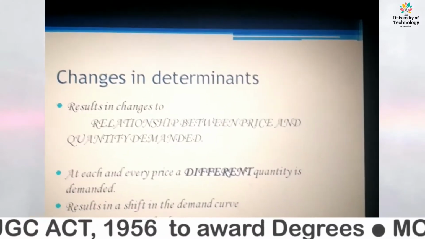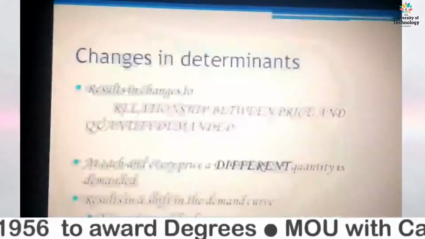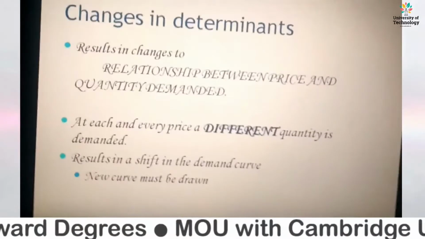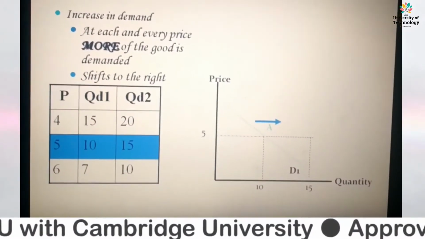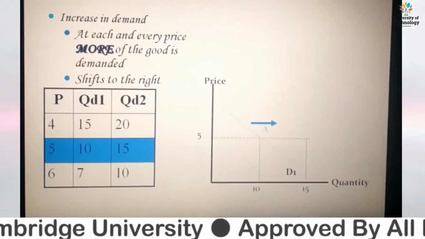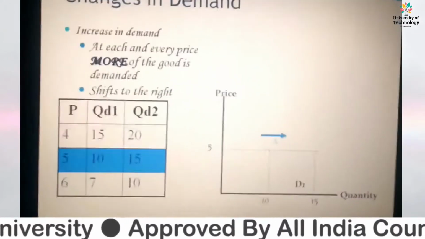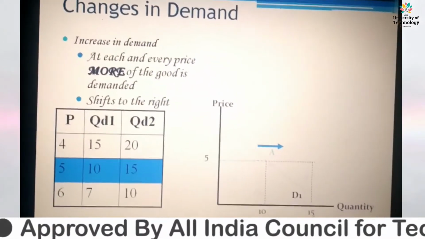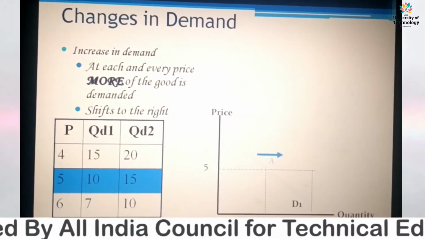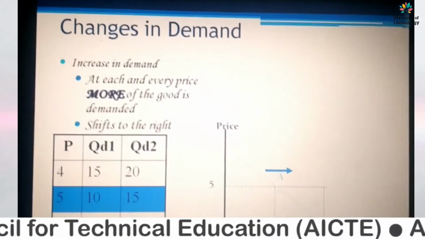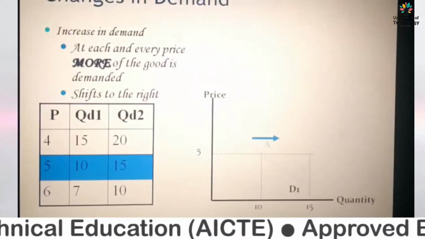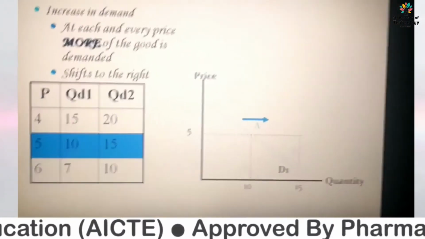This causes a shift of the demand curve, and a new graph would be plotted. Changes in demand are due to what? The price will go down or go up. If the price of a particular good goes down, the demand for the good increases, right?